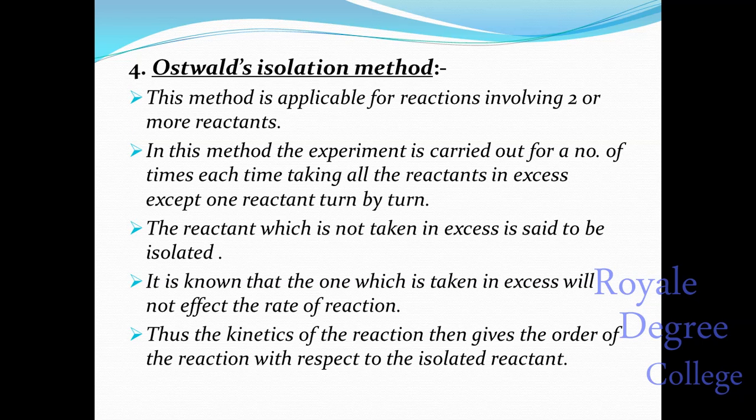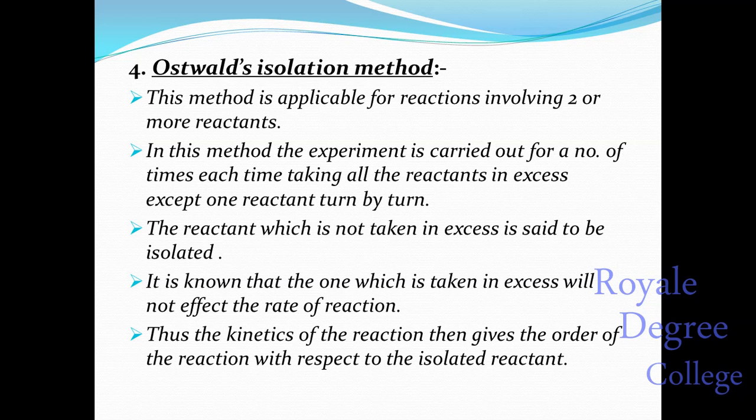The next method to determine the order of reaction is named the Ostwald isolation method. This method is applicable for reactions involving two or more reactants. In this method, the experiment is carried out a number of times, each time taking all the reactants in excess except one reactant, turn by turn.